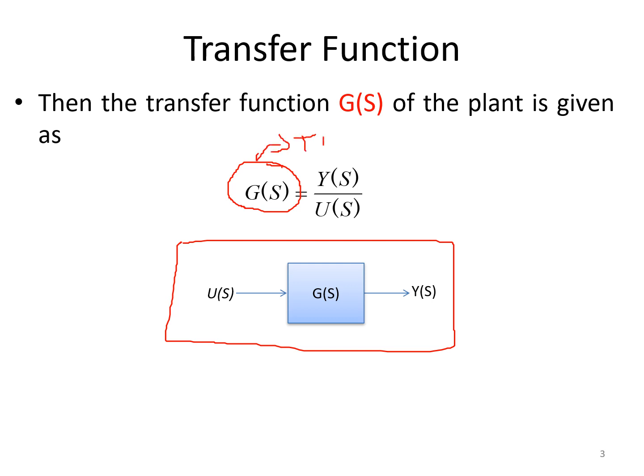TF indicates that it is a transfer function. So this is a simple definition of a transfer function, which is nothing but the ratio of output to input. Now we'll see why this transfer function is needed, and what its importance is, in the upcoming slides.